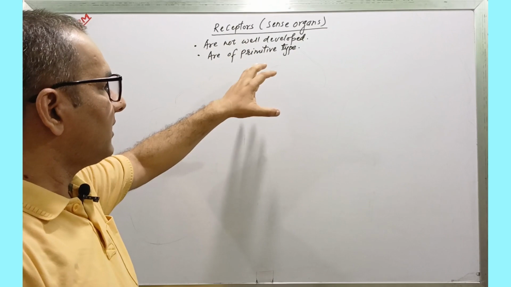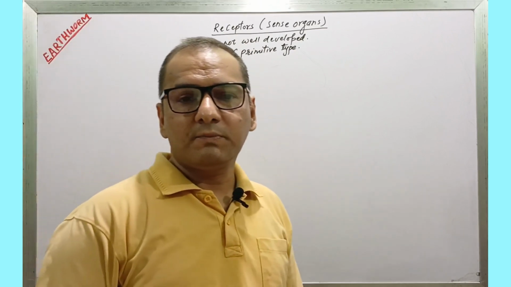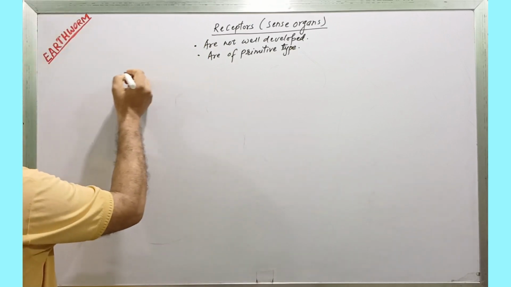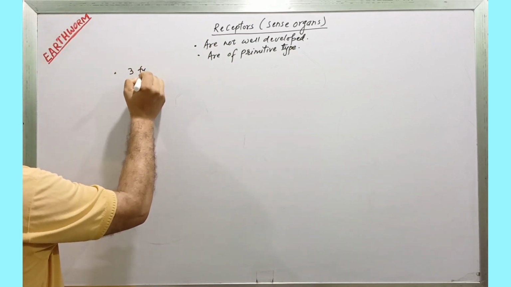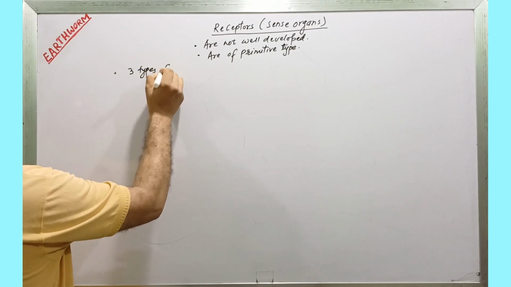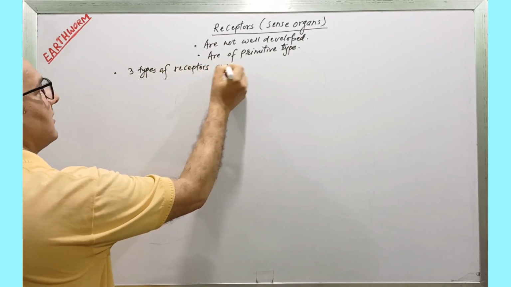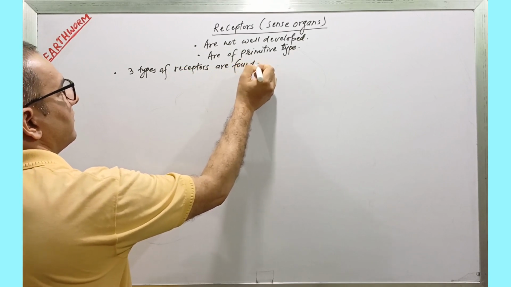They are of primitive type, and in the earthworm three types of receptors are found.